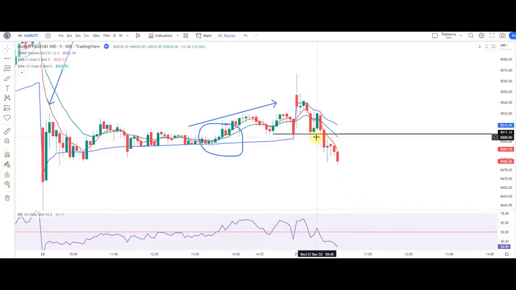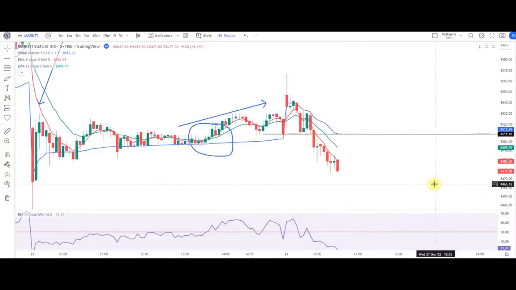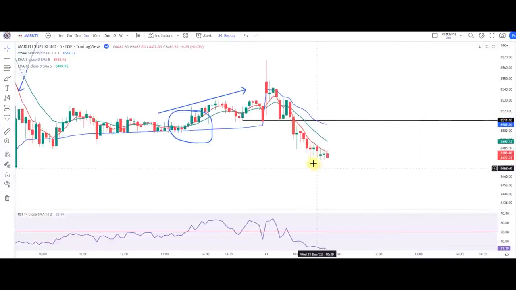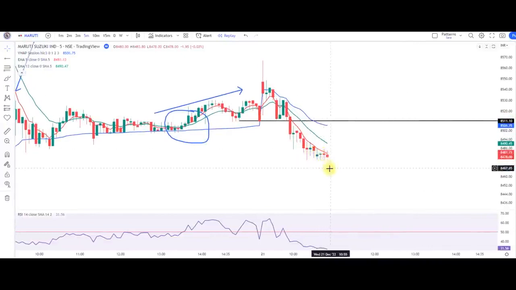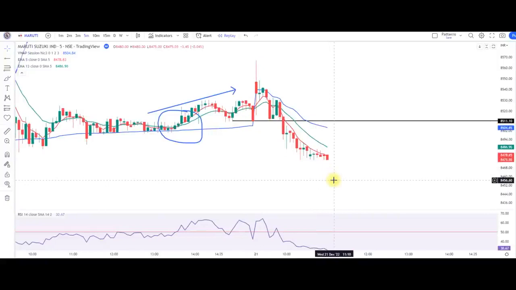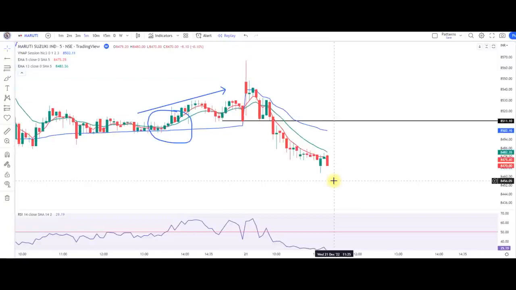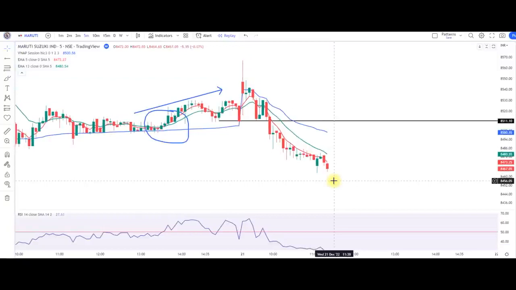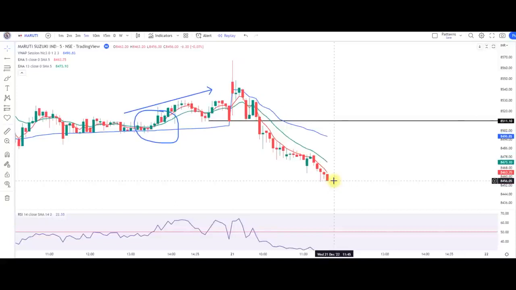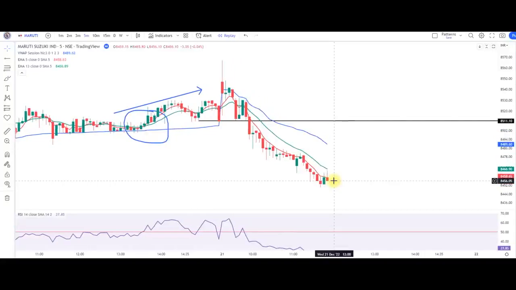You can see here, after this level is broken, the market started falling down. And price is below the 5 EMA. Still we are trailing our profits.